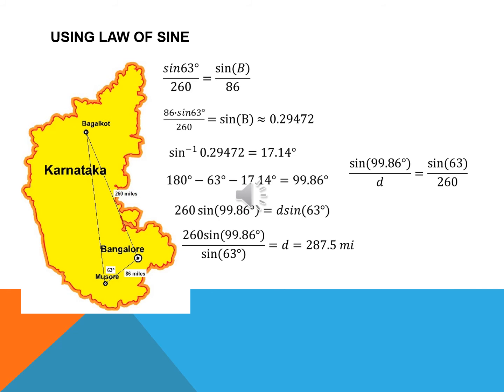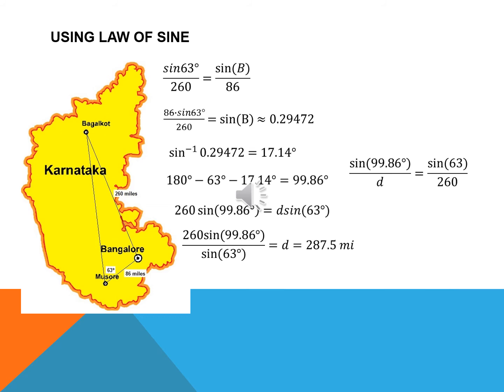First, we're going to find the angle that is actually at the town of Bagalkot. So it's opposite the 86 miles. So we'll use law of sines. We'll take sine of 63 degrees divided by 260, and we'll set it equal to sine of angle Bagalkot divided by 86. That's using law of sines.